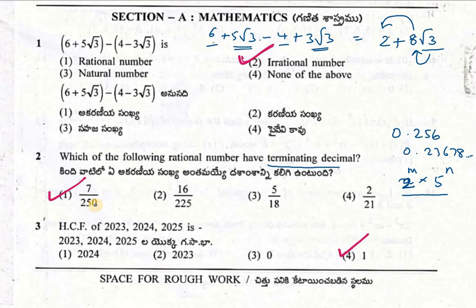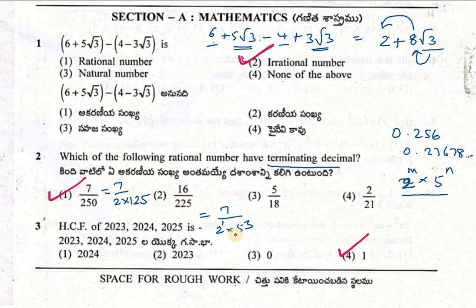So if you see this 7 by 250, we can write this as 7 by 2 multiplied by 125. That can be written as 7 by 2 power 1 multiplied by 5 power 3, as 125 is 5 power 3. So this is of the form 2 power m multiplied by 5 power n.